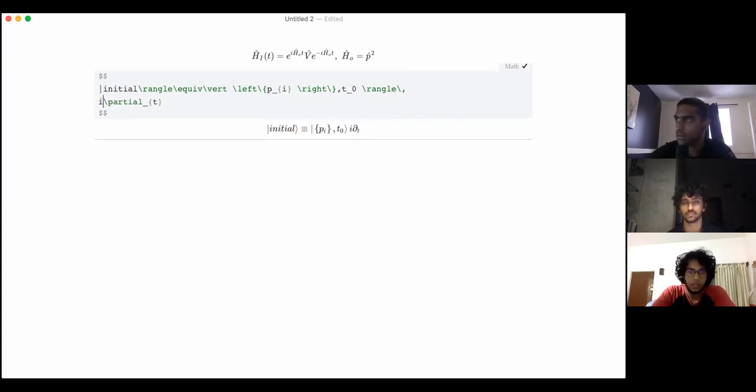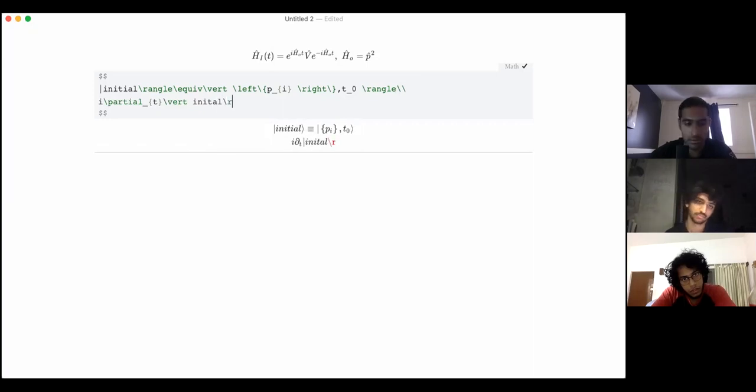Sorry, I used the wrong notation here. I partial t, initial.